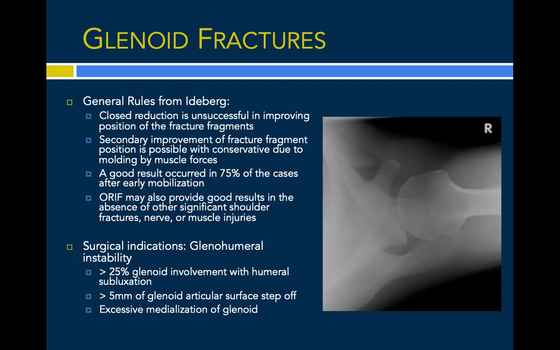The other cutoff is greater than 5 millimeters of glenoid articular surface step off. So remember I said in general, as we're thinking about fractures, we don't want to tolerate articular step off. The glenoid can tolerate less than 5 millimeters. The last is excessive medialization of the glenoid. So if the glenoid fracture causes the whole glenoid structure to move medially, that's going to be problematic.